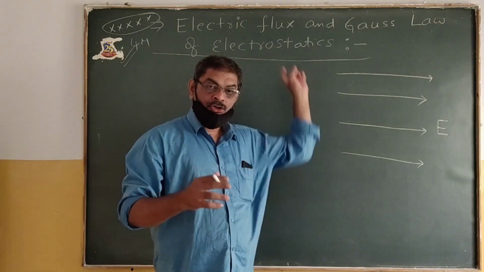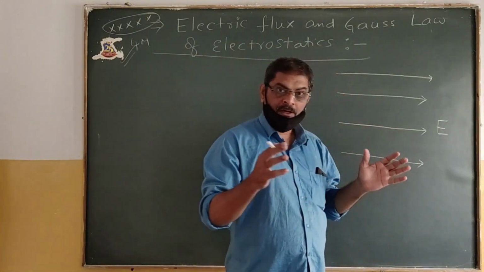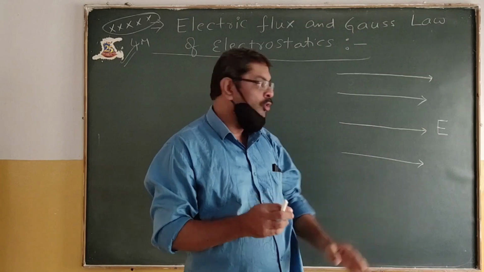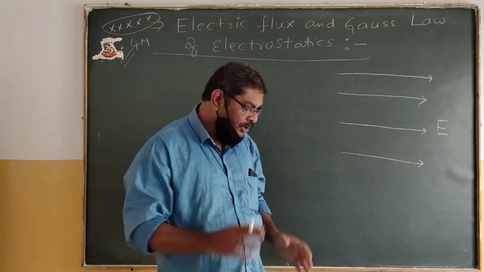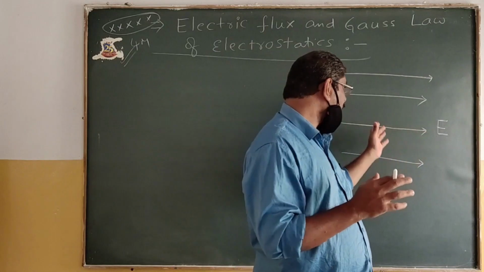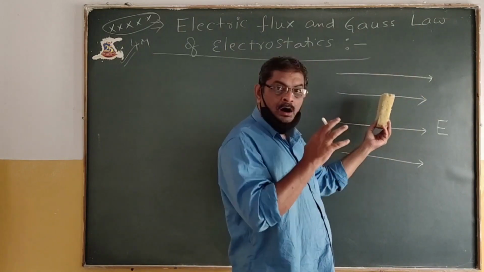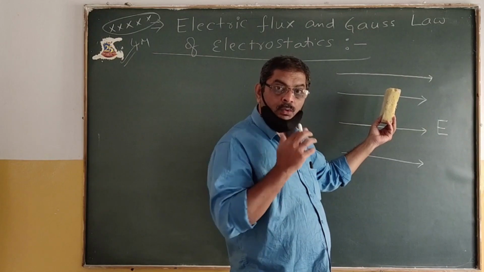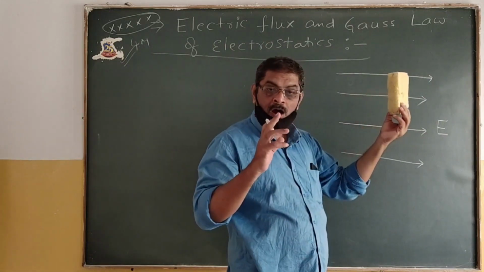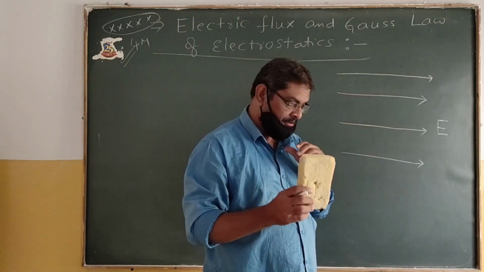Let us say we have a horizontal electric field of magnitude capital E. Now inside the electric field, I am introducing a closed bounded surface, let us say in the form of a tester.